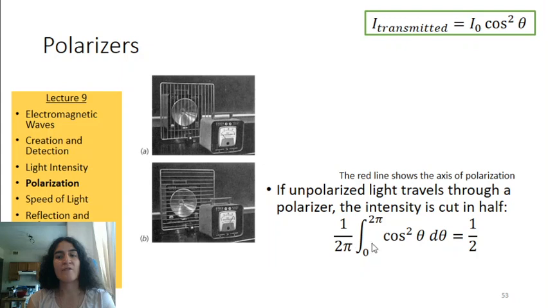The integral of cosine squared over one period from 0 to 2 pi is equal to pi. Then you divide by 2 pi to get the average value. This quantity gives me a half. That explains why sending unpolarized light through a polarizer would cut the intensity in half.